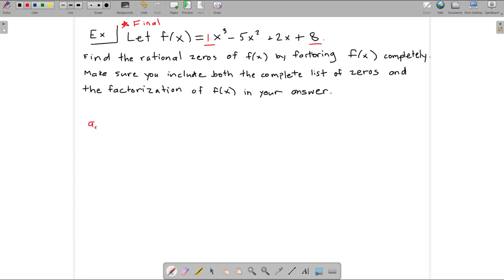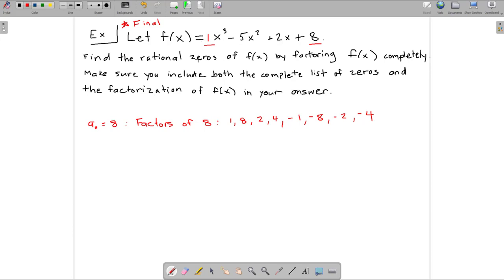So a0 equals 8, and so the factors of 8 are, you could have 1 and 8, you could have 2 and 4, and you could have all of the negative versions of those. Oops, negative, I'll do it in order. Negative 1, negative 8, negative 2, negative 4.